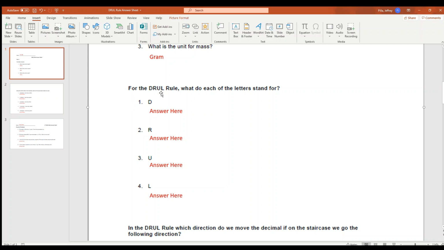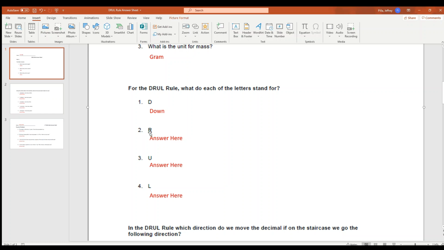We have for the DRUL rule, what do each of the letters stand for? Okay, so the DRUL rule, D-R-U-L, each letter stands for a different thing, okay? The D in DRUL stands for down, okay? What you're going to find is all the letters stand for a different direction.